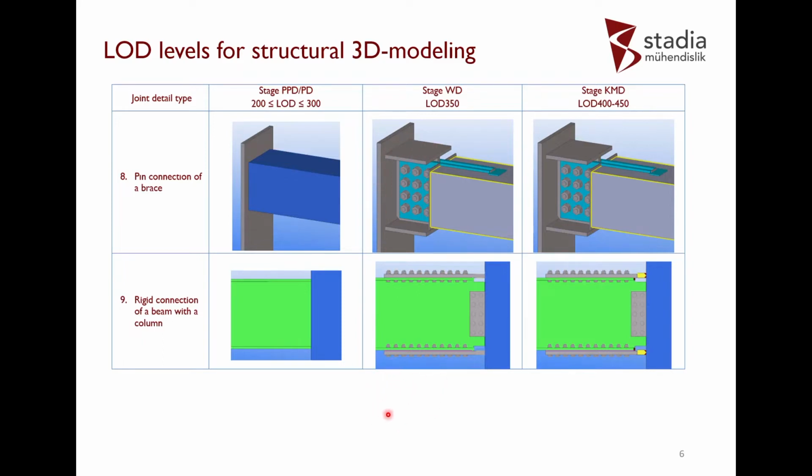So in my opinion, if we do the same joint details with small clashes, it could be okay for working documentation, because we need to make the model for other disciplines such as architectural, mechanical, electrical, and so on. But for KMD, we should fix all these clashes, and our model must be perfect for manufacturing.